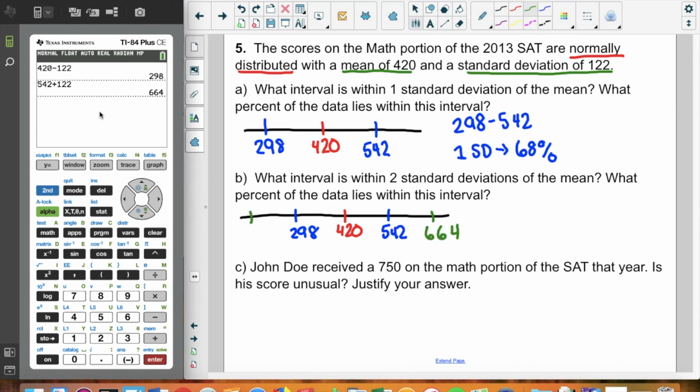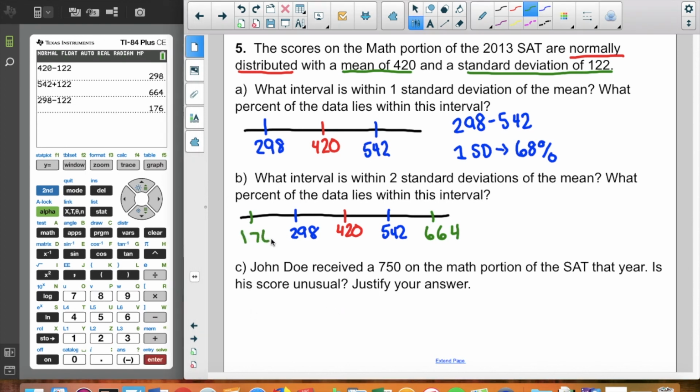And to get to negative 2 standard deviations, we have to subtract 122, and we get 176. So our range for 2 standard deviations is 176 to 664. Since it is 2 standard deviations away, that is 95% of our data.